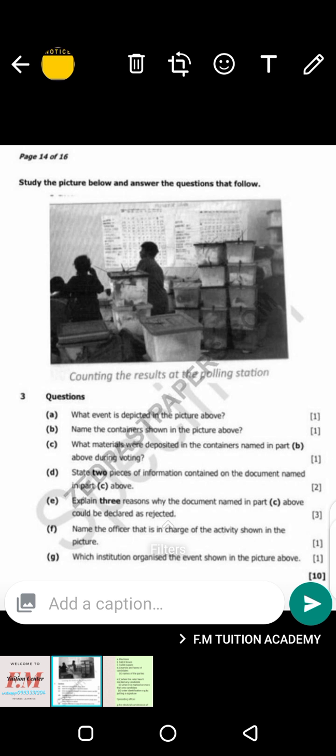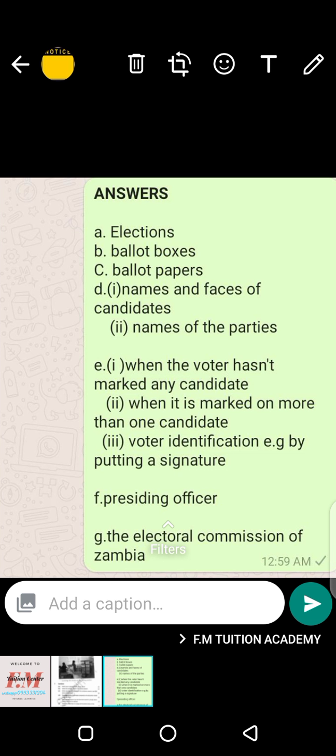During elections, you're going to find that each district, each province has different polling stations, and the organization or institute that controls these polling stations is called the Electoral Commission of Zambia.